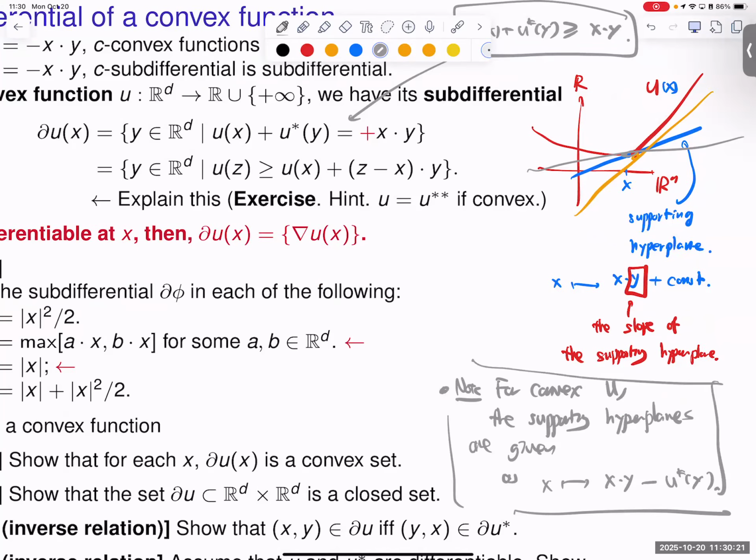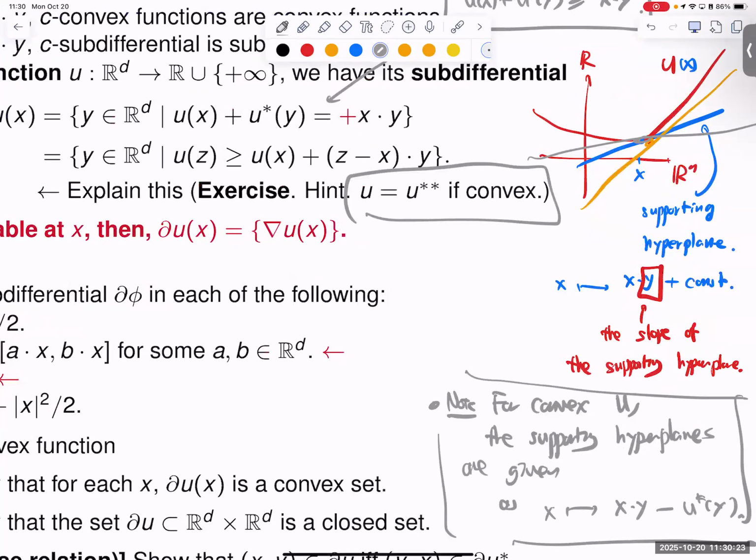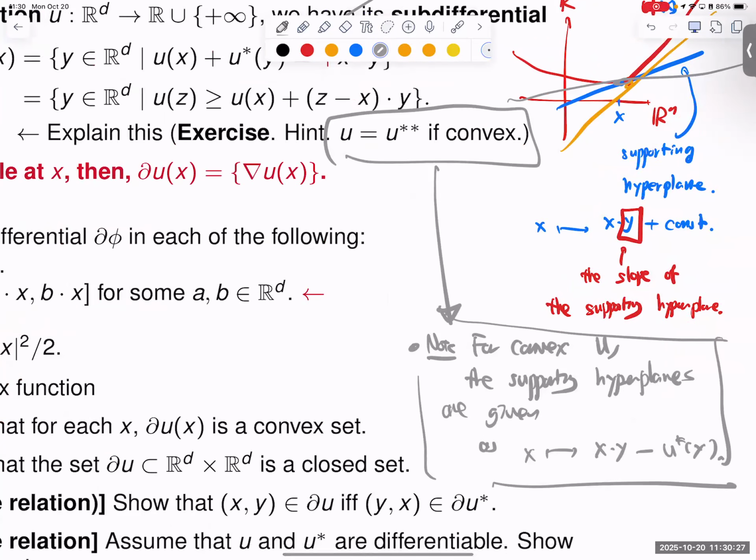So this is related to the statement that your convex function is a Legendre transform of its Legendre transform. For this constant part, you have the Legendre transform of the original function.